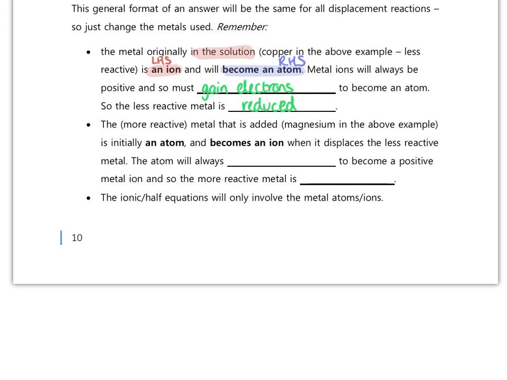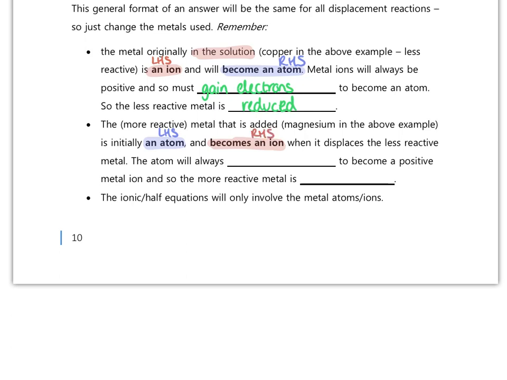That will be the metal undergoing reduction. The more reactive metal which is added, in this case it was magnesium, is initially an atom, so remember it's on its own, so it will have no charge on the left hand side. It then becomes the ion on the right hand side.